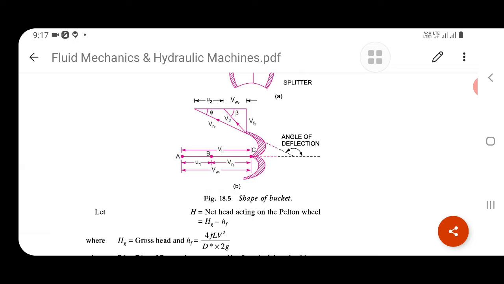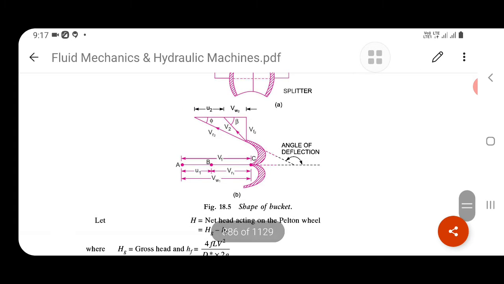So the inlet triangle directly impacts the splitter, at the root of the blade, so the inlet triangle cannot be created. So of the inlet triangle and outlet triangle, there is only the outlet triangle, which is shown in the figure.